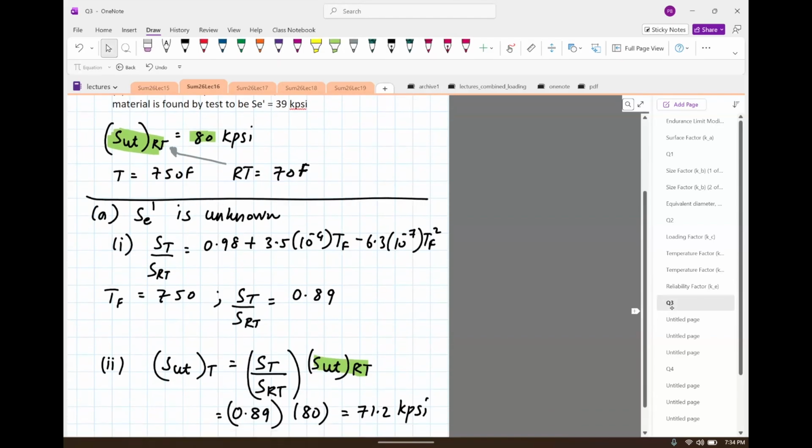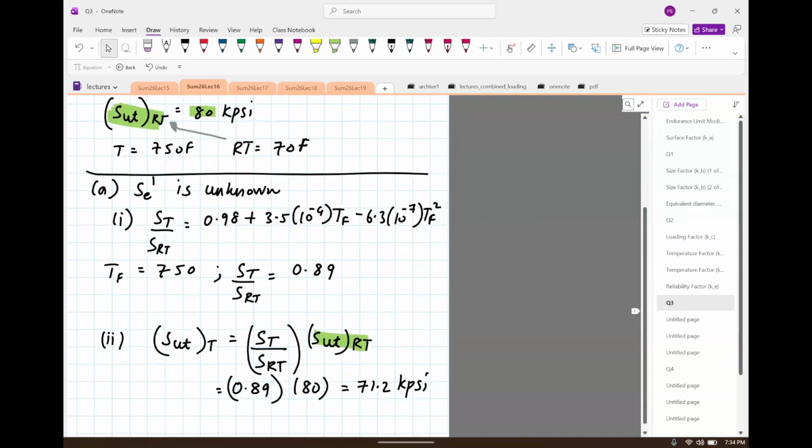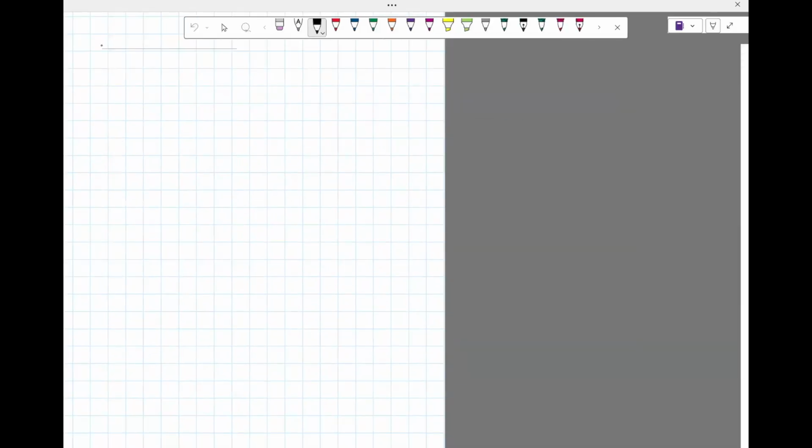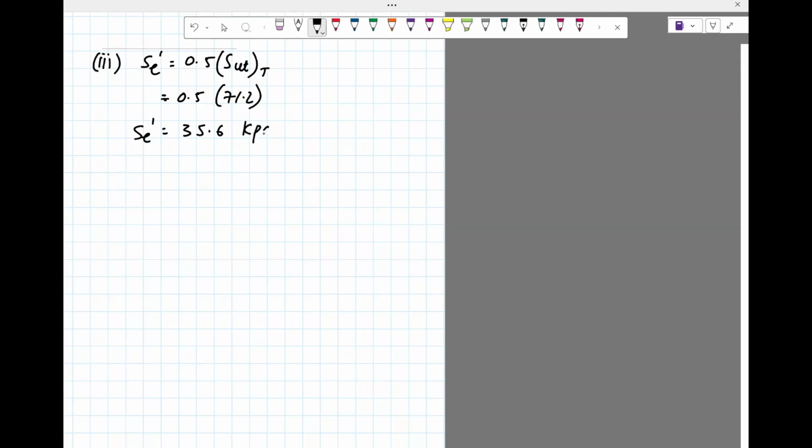So third step, SE prime is 0.5 SUT, but now you will have to use the operating temperature value, 0.5 times 71.2. So SE prime is 35.6 kpsi.